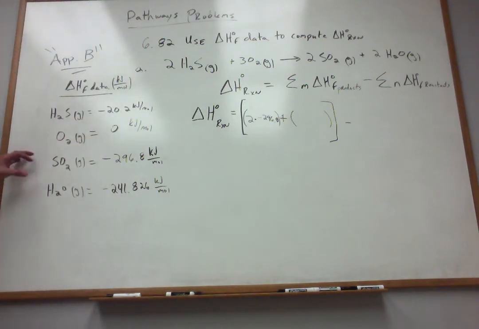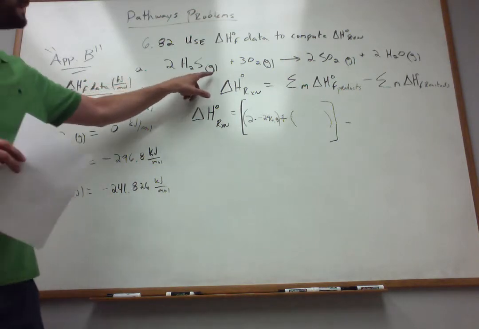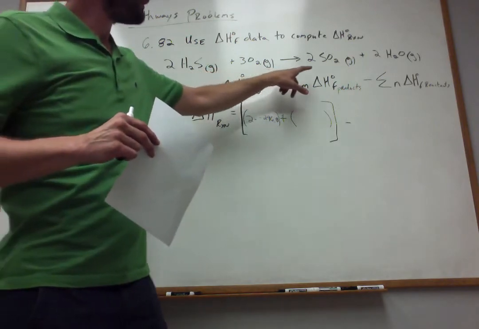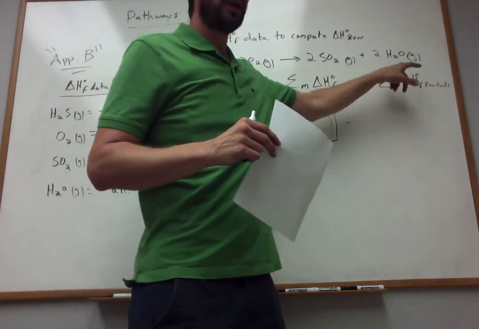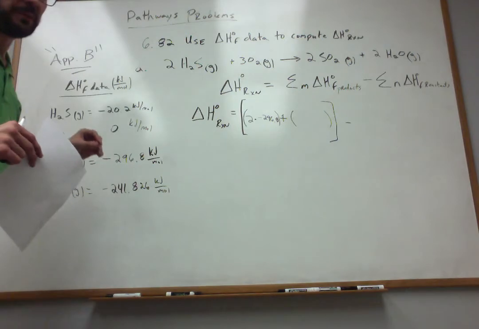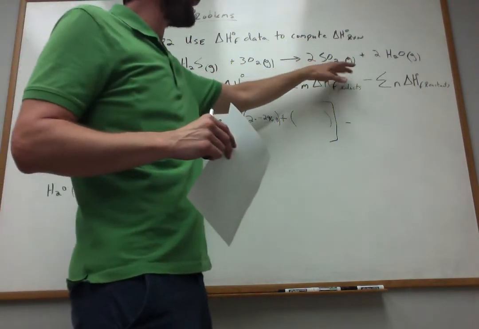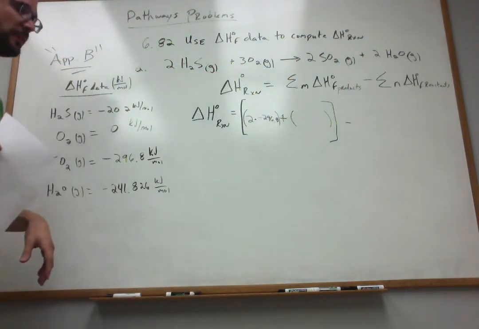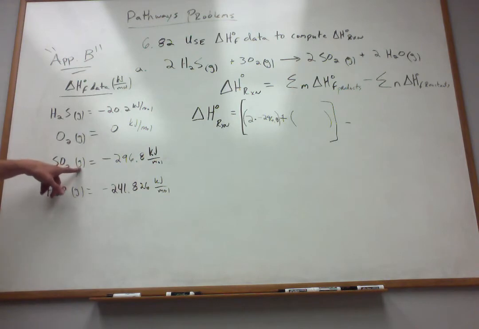But I want to caution you about a couple of things that you've got to be real careful about when you're doing this. It's easy to make a mistake. You need to look for not only the compound identity, but also what phases are present in your balanced chemical equation. Here the SO2 is a gas, which is the standard phase for SO2. But in some cases, different compounds will have different options. So for instance, water.